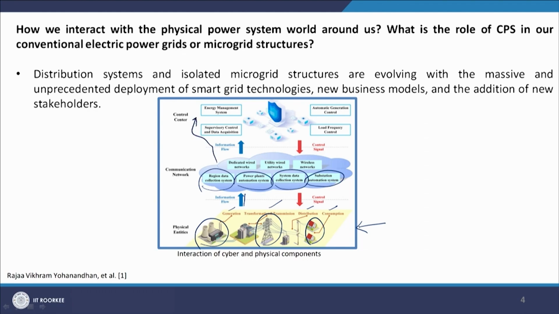The data reaches my energy management system or supervisory control and data acquisition. After that we carry out a lot of processes, and through AGC and load frequency control, everything is carried out, and then based on the requirement, control signals through wireless communication can reach my physical devices. So, what exactly happens?